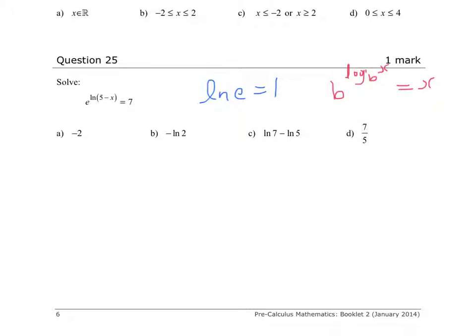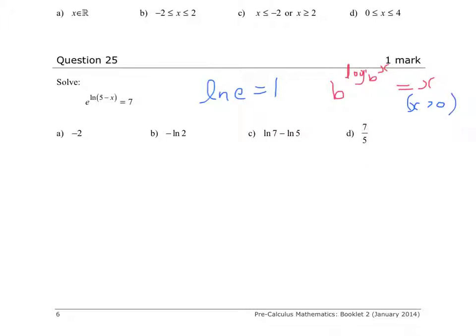Exponentials and logarithms are inverse functions, so we're left with the argument. Essentially, they undo each other. I should qualify this and say this is only true based on the domain of log, so x would have to be greater than 0. We should put that disclaimer in there.